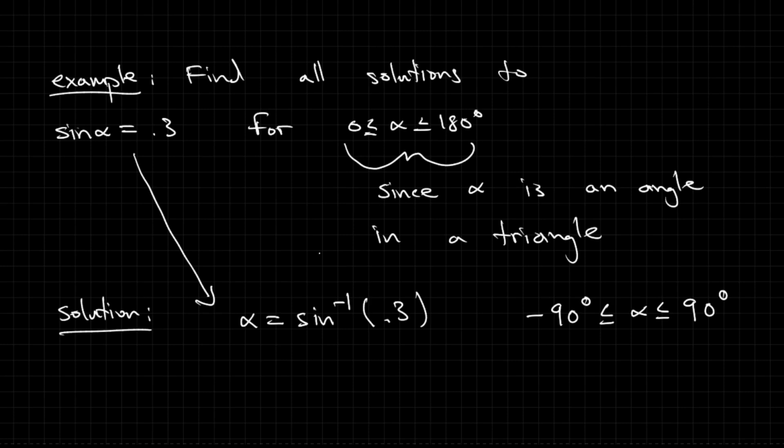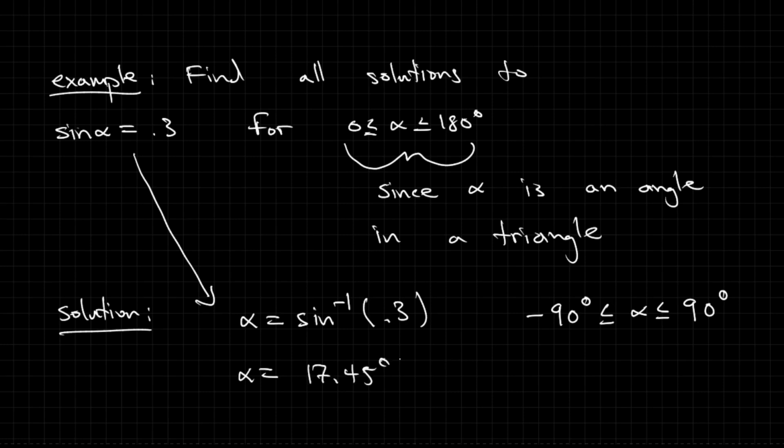Now this absolutely will give you a solution. You can go ahead and use a calculator to evaluate what this alpha is. Sine inverse of 0.3, make sure that your calculator is in degree mode if you're working in degrees. And we get that alpha is 17.45 degrees.